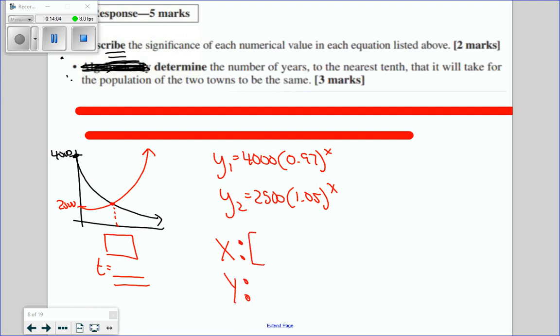Now, the window settings that you give have to be so that you would get out this exact picture. So in other words, your min has to be 0 because you can't have negative years and you can't have a negative population. So I'm just going to do this on my handheld. Now, I was doing this on my handheld the other day.